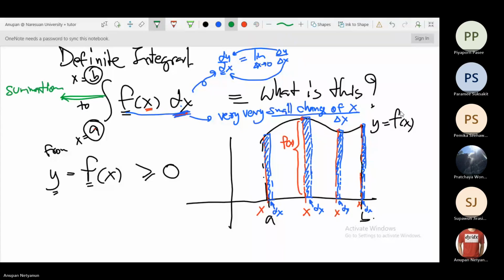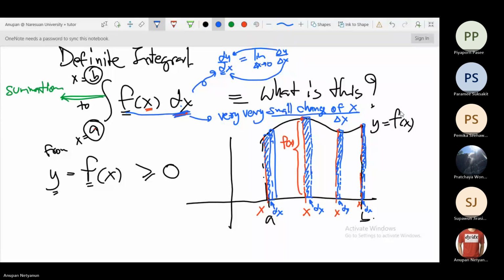Summation, which is putting things together, so that means it's the summation of rectangles for each x from x equal to a to x equal to b. I start from x equal to a, I have a rectangle. I move a little bit, I will have another rectangle.